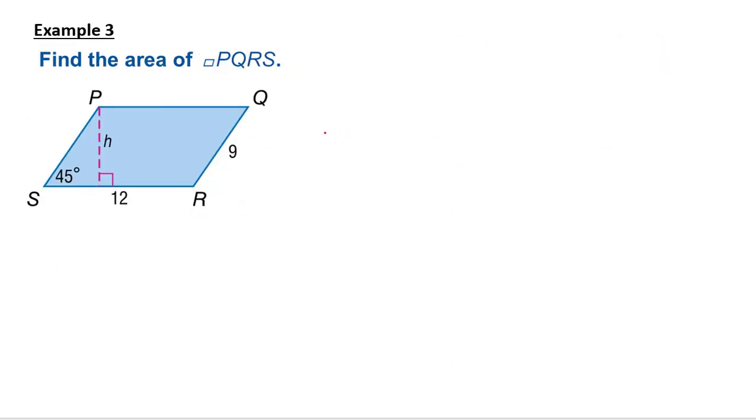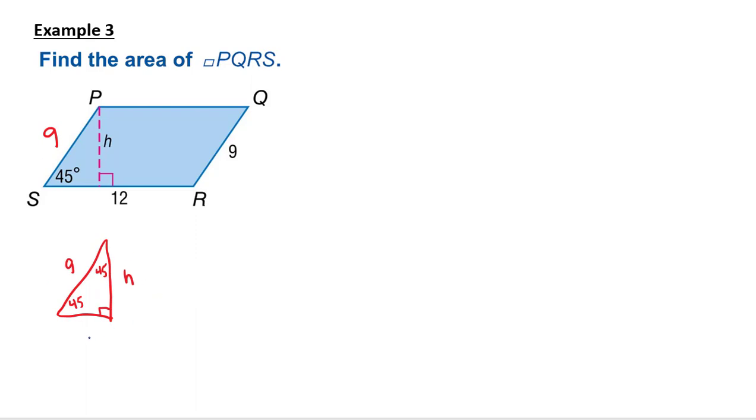Okay, our next example. We have our base. We have to find the height. We know one side is 9, so I know this side is 9. They tell me I have a 45-degree triangle. So I have a 45, 45, 90 triangle. So this is 45, this is 45. One side is 9. I need to find the height.